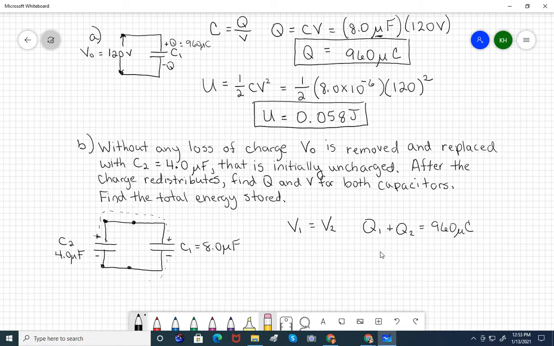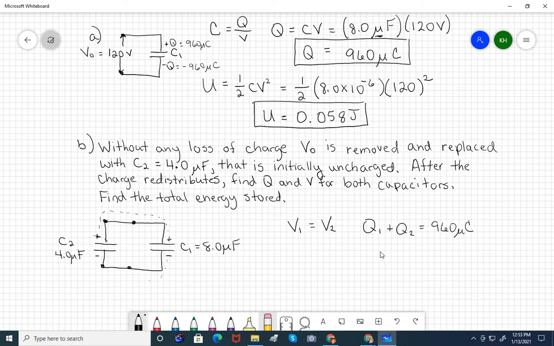So if the total charge on the first capacitor was 960 microcoulombs on each plate, then when we get done, we still have to have a total of 960 microcoulombs of positive charge on the 2 positive plates and a total of negative 960 on the 2 negative plates, because the negative plate was, of course, negative 960.